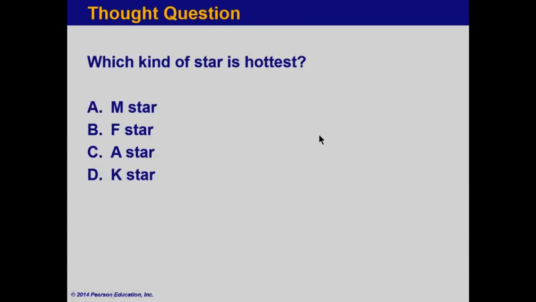All right, so thinking about that, "Oh, be a fine girl, kiss me," which of these stars is the hottest? Yes, the A star is going to be hotter than the other choices.